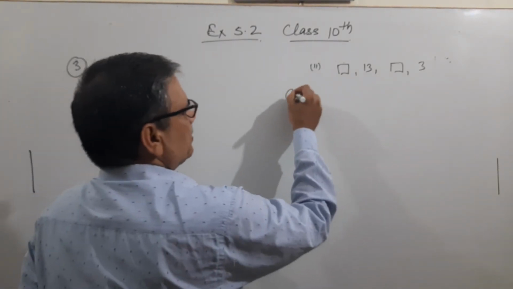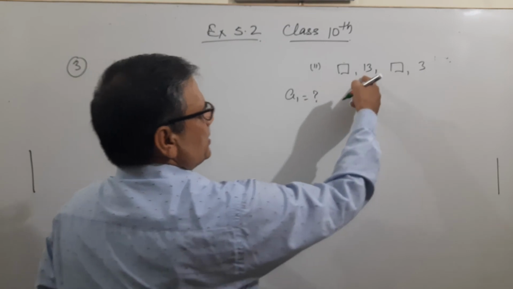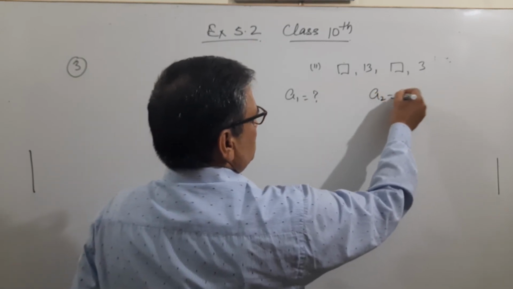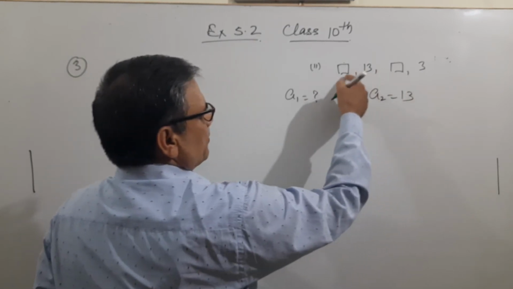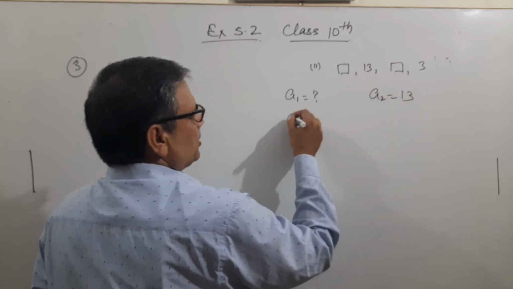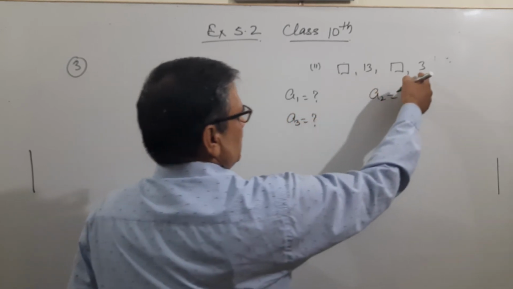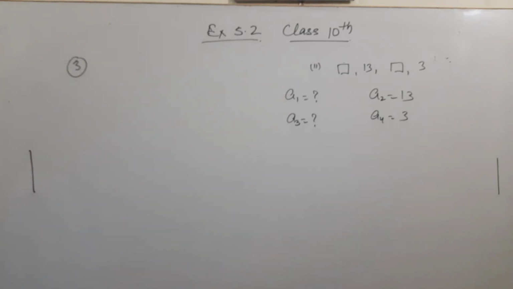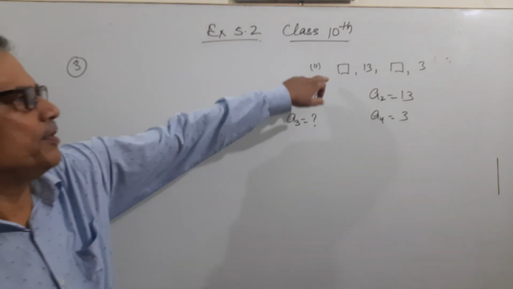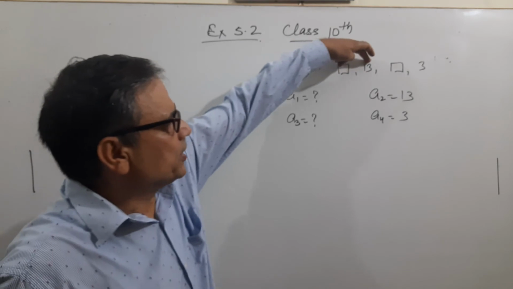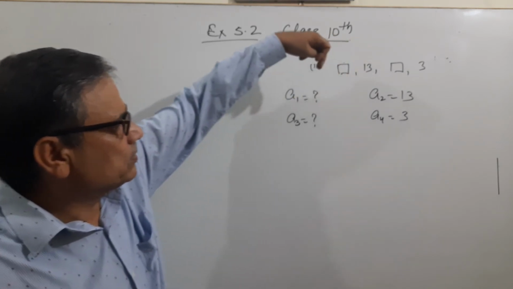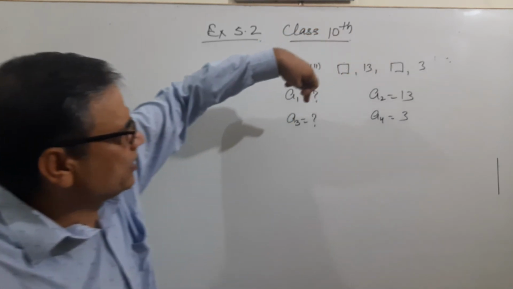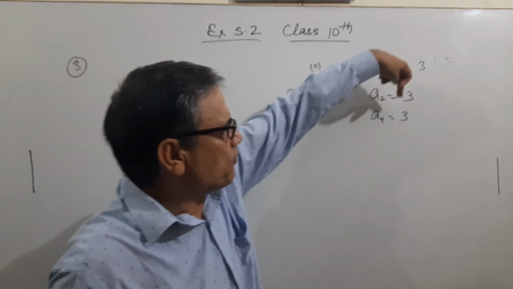Here A1 we have to find out. Here A2 is 13. And this is A1, A2, A3. A3 is the question mark. And here A4 is equal to 3. Listen carefully. First term means A1, 13 means A2, blank means A3, A4 means 3.